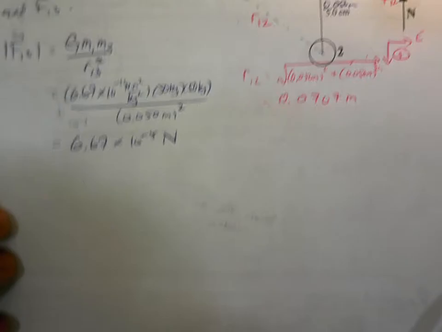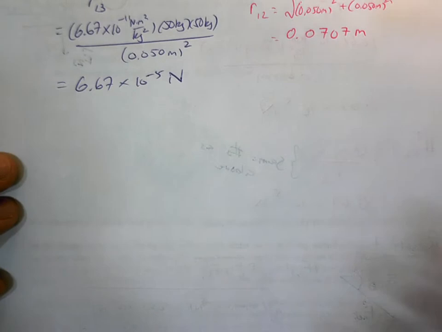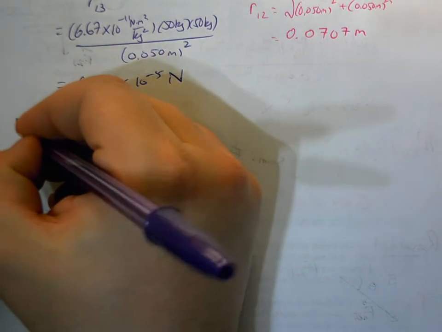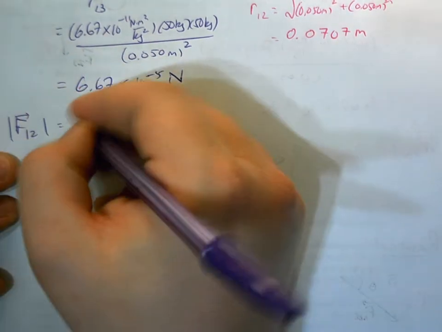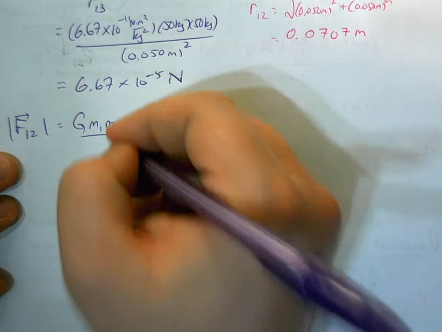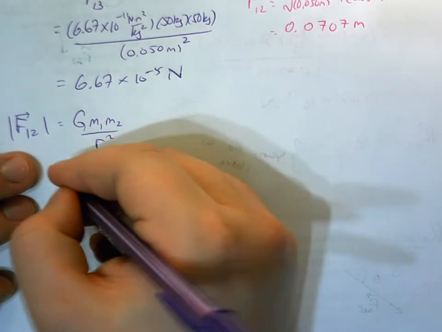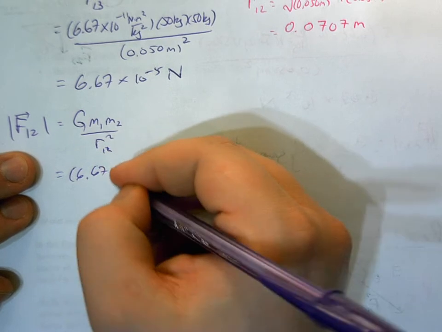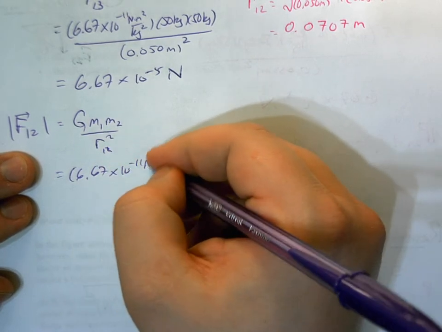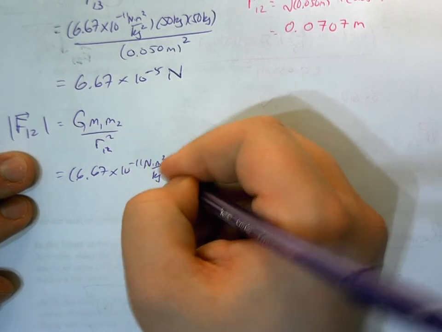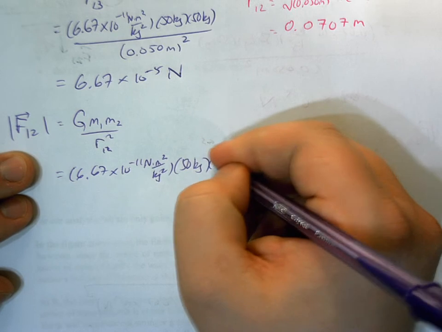Now let's calculate that magnitude. So I have F12, it's going to be G mass 1 mass 2 divided by that distance R12 squared. So the only thing we're changing is that R value. Up top, G is still the same. The two masses are still 50 kilos.